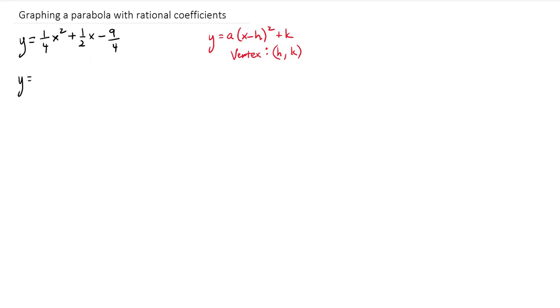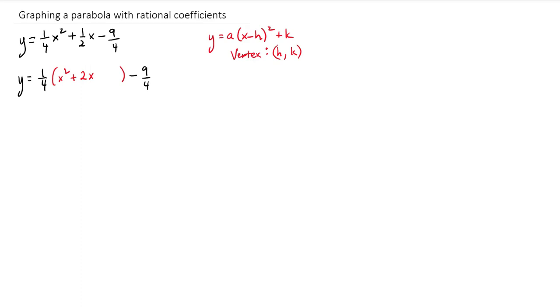So y equals, and what we're going to do is factor out a 1/4 from the first two terms. And so 1/4 times what will get you 1/2 x? So we need a 2x here. Now we're going to leave a space. We still have subtract 9/4.